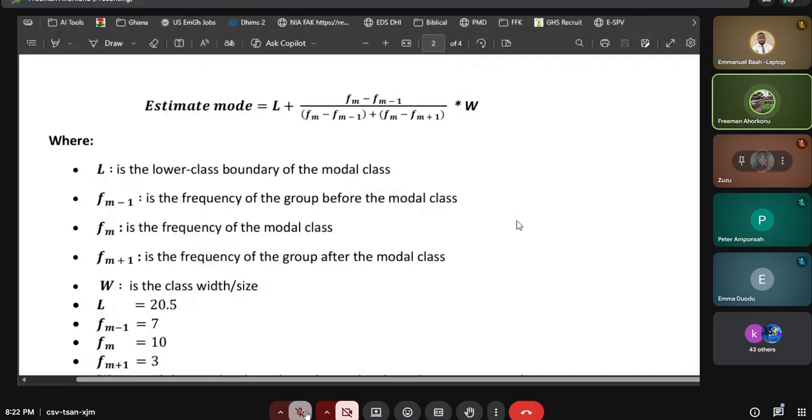So it's now your responsibility to know how to use it, to understand the variables that constitute the formula, and to know where to pick what. So pay attention very, very well. You can memorize the formula if you like.